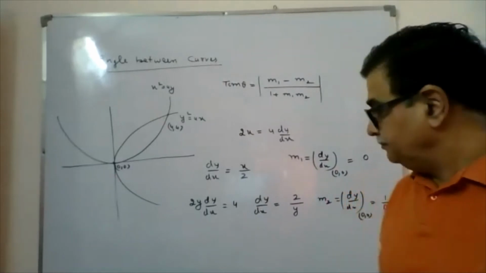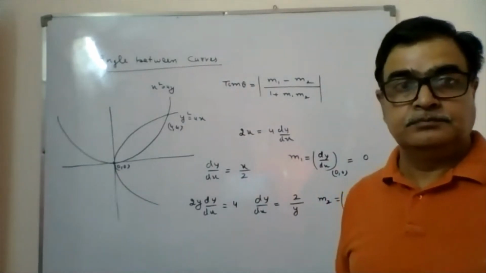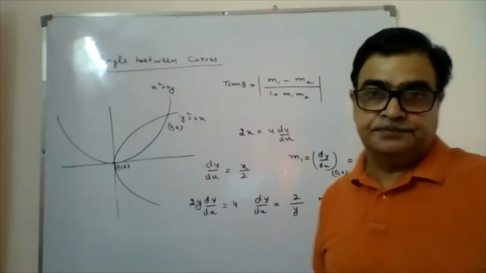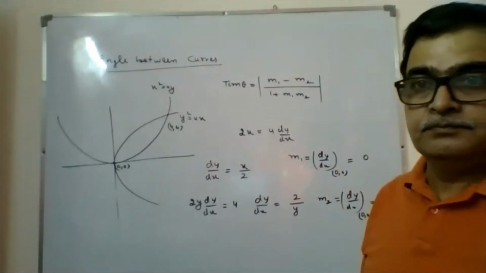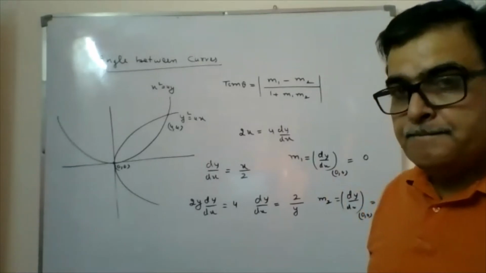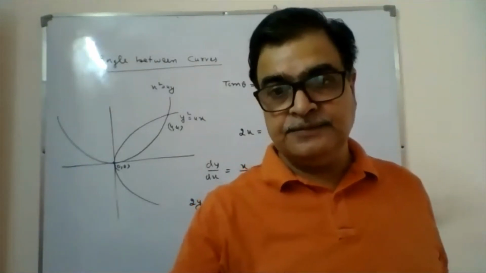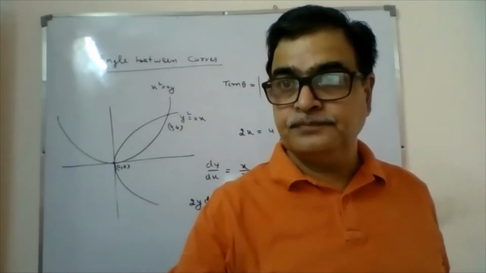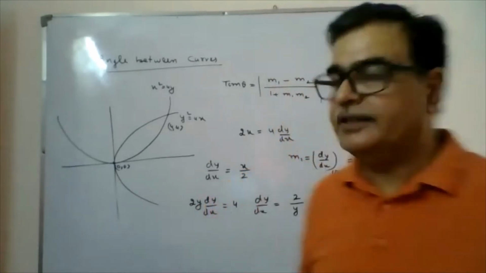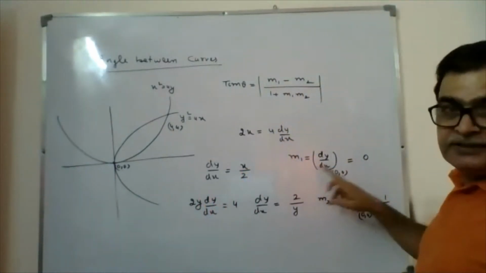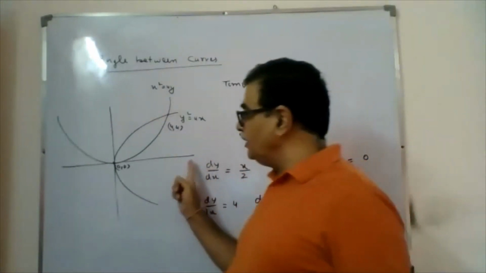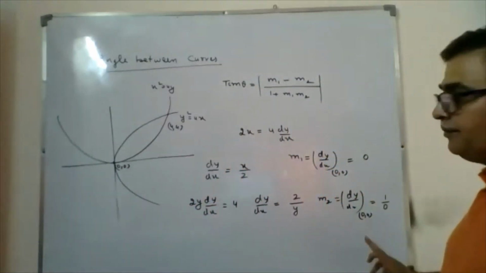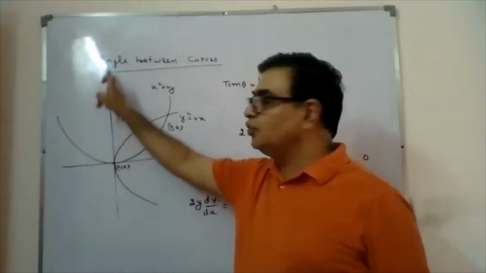Shreya, what should be the angle between the two? Yes? Right angle, yes. Because m1 is 0 indicates that this line will be parallel to the x-axis, and it is coming infinity means it will be parallel to the y-axis.